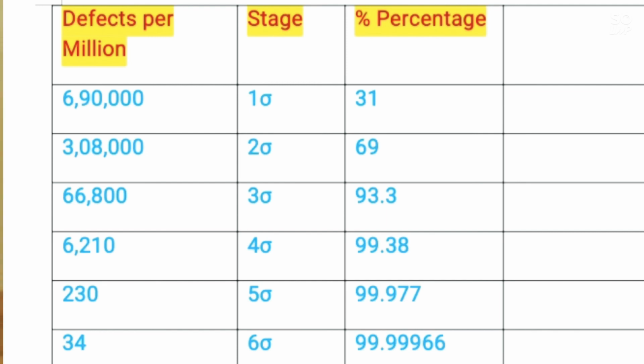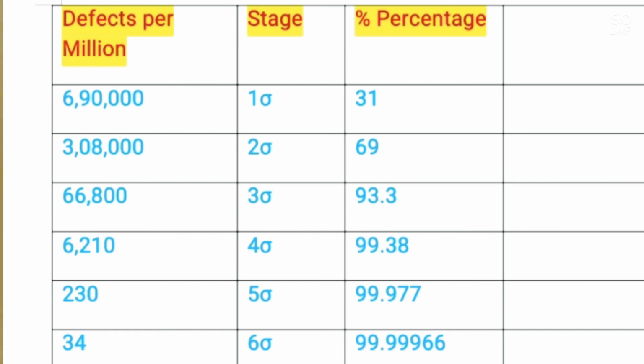So up to that level we can achieve the quality. What are the chances of defects? If we manufacture 10 lakh components, there will be 3.4 defects per million, means almost 4 components will get rejected if we use 6 sigma.